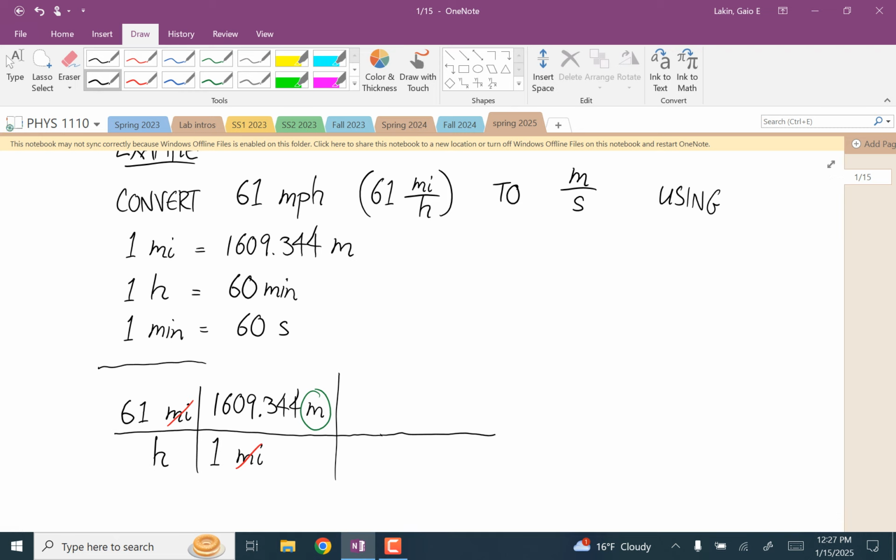So I'm going to put 1 hour in the numerator and 60 minutes in the denominator. And you can see that cancels this with this. And the units now are minutes.